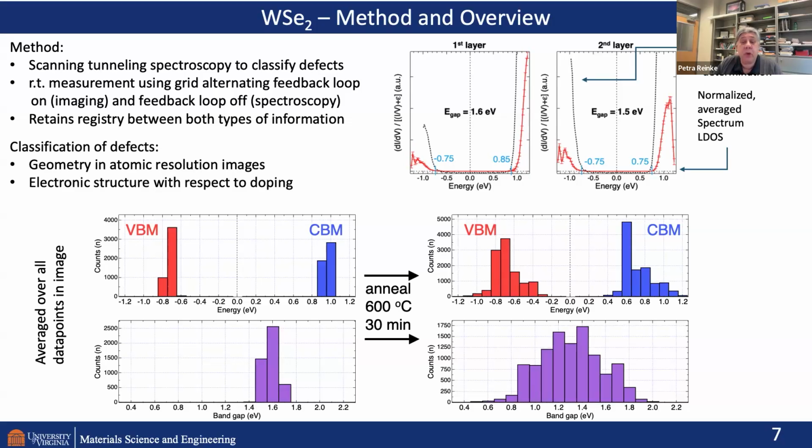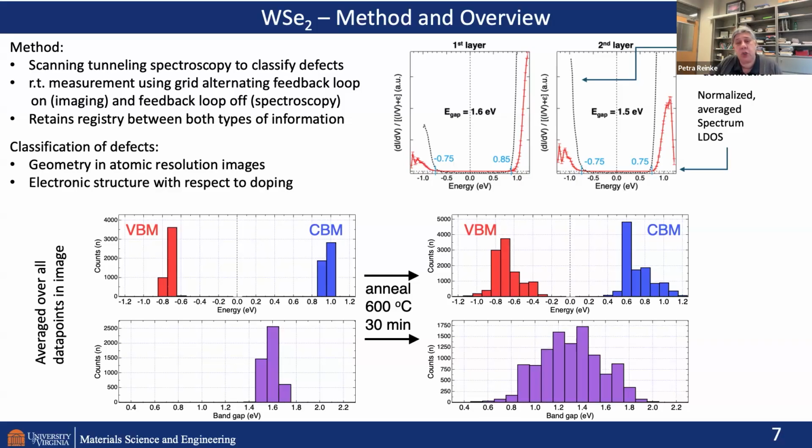And for that reason, what we can determine reliably is things like extrema of the valence band edges, and consequently band gap distributions.